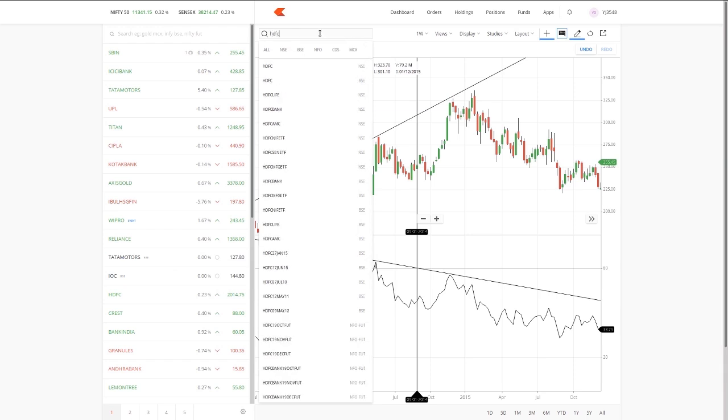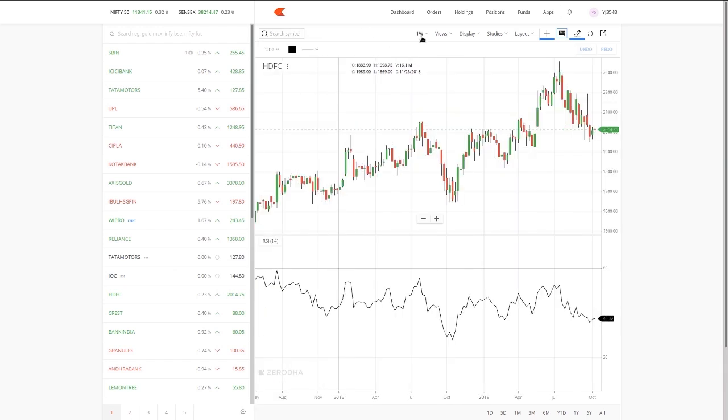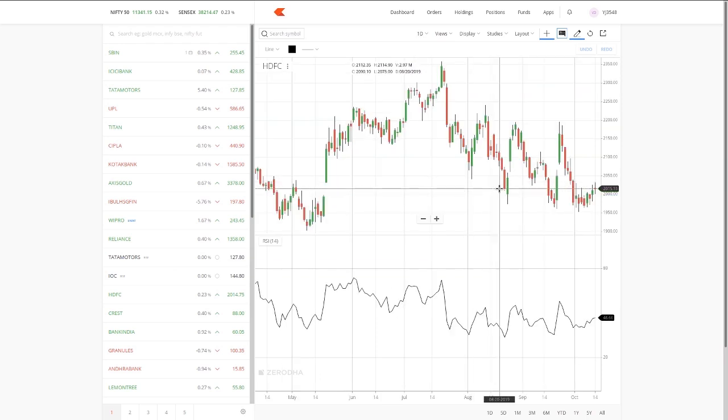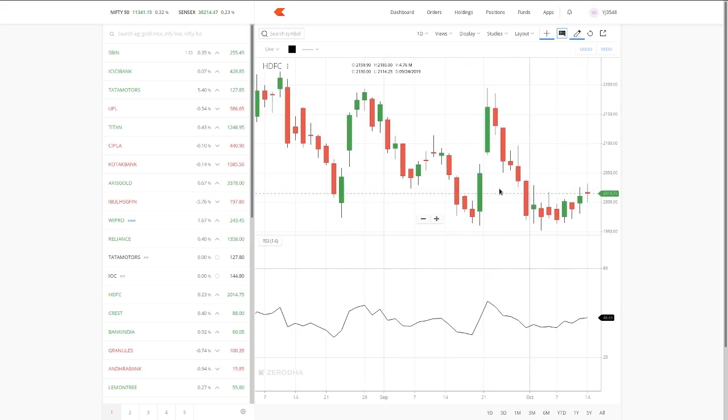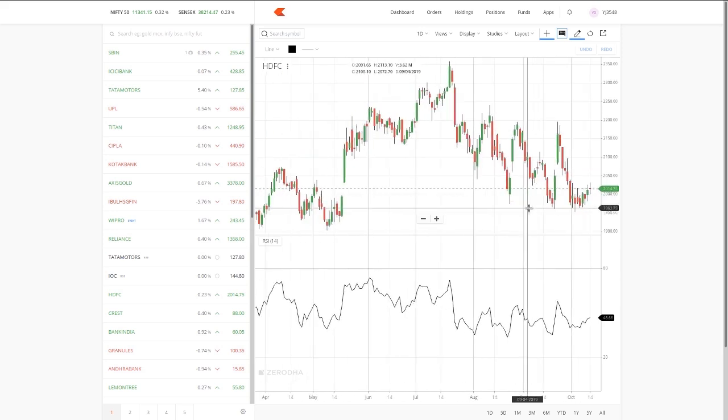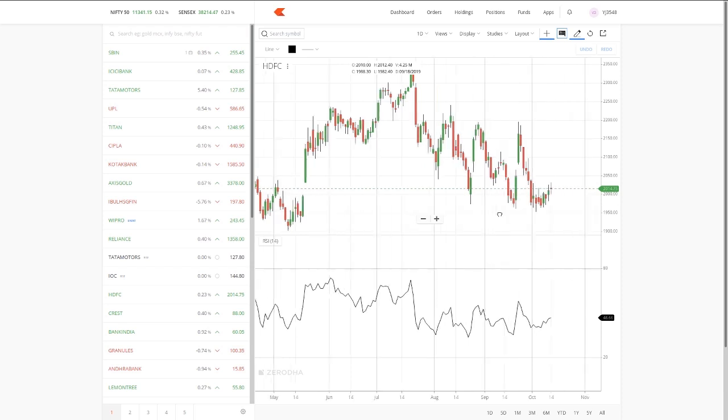So let me just open this. We are looking at day candle. Let me plot that and let's analyze this. So in past 10 days, 1, 2, 3, 4, 5, 6, 7, 8, 9, 10. So it is basically showcasing this.